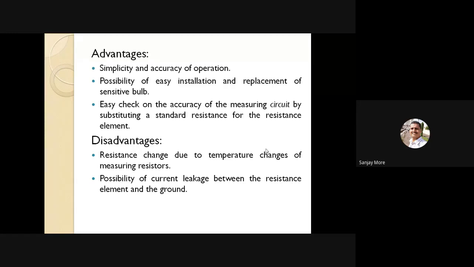Full stop. Disadvantages of RTD, resistance temperature detector. First, resistance change due to temperature changes of measuring resistors.